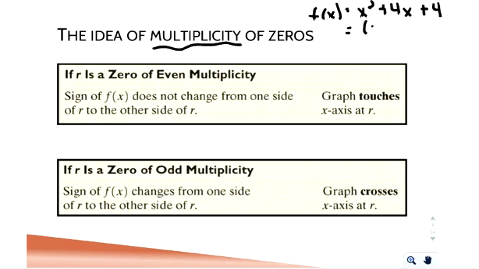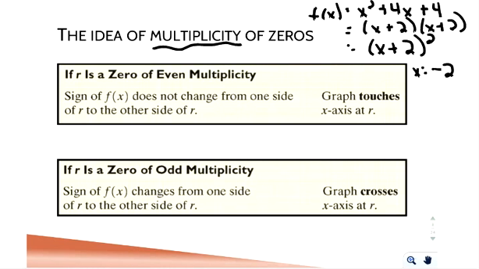Okay, and that factors into what? x plus 2, or x plus 2 squared. So we know that if we set that equal to 0, we get negative 2 as an x-intercept. And that exponent tells us, well, we actually get that twice. So if we can look at the exponents on the zeros and figure out how many times we get a specific x-intercept, a specific 0, then we know what the graph is going to do around that x-intercept.